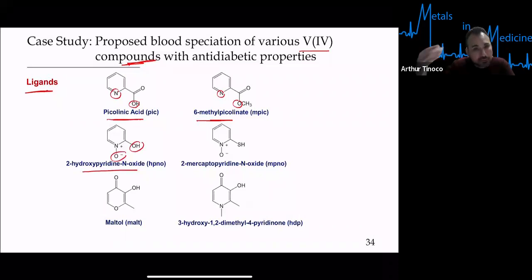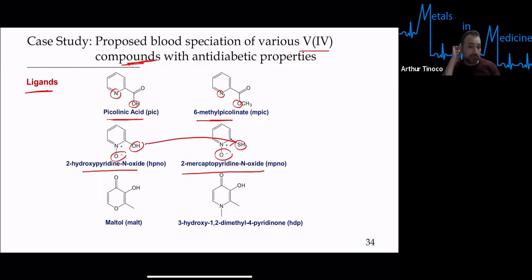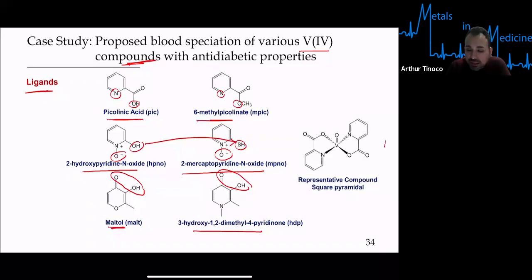And a related ligand, 2-mercaptopyridine N-oxide, which has the bidentate capability, but there is that change of the OH to something that's softer, this thiol group here. We have maltol that has a bidentate capability here, and then the related 3-hydroxy-1,2-dimethyl-4-pyridinone that also has that bidentate capability. So keeping in mind that all these have this bidentate nature, they can form very similar types of compounds.